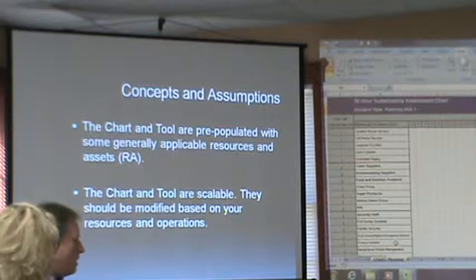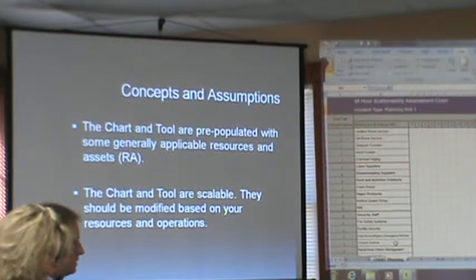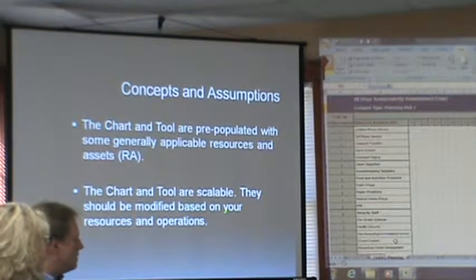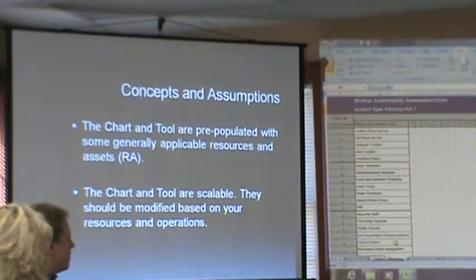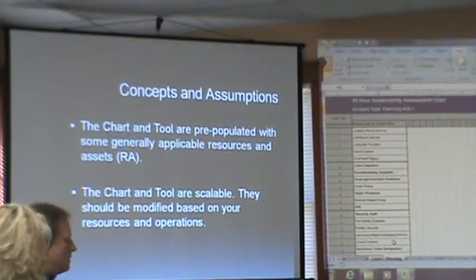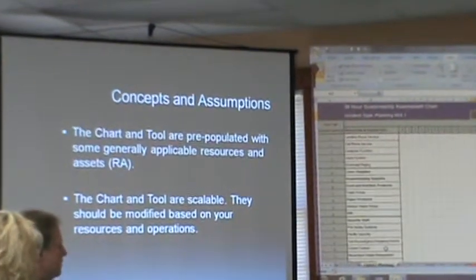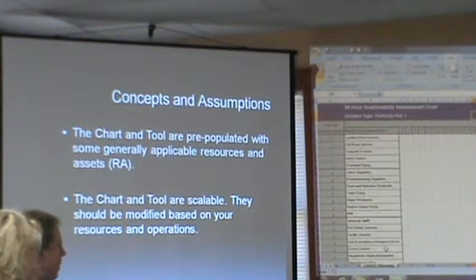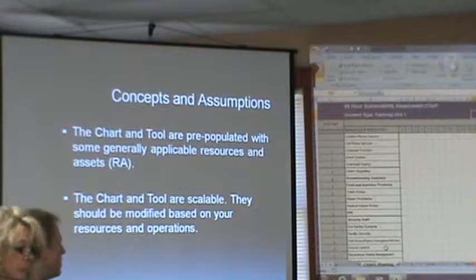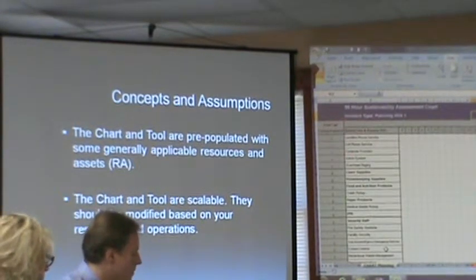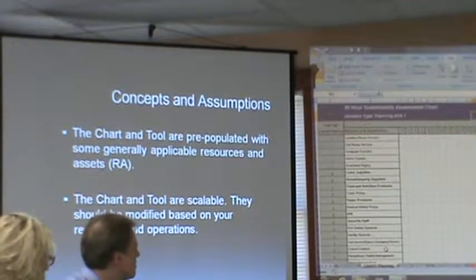A couple of concepts, assumptions that are important to understand from the outset. We have pre-populated both the chart and the tool with resources and assets. We've also categorized those by critical function, Joint Commission critical function. These are meant to be modified by hospitals based on what is essential to their emergency operations.